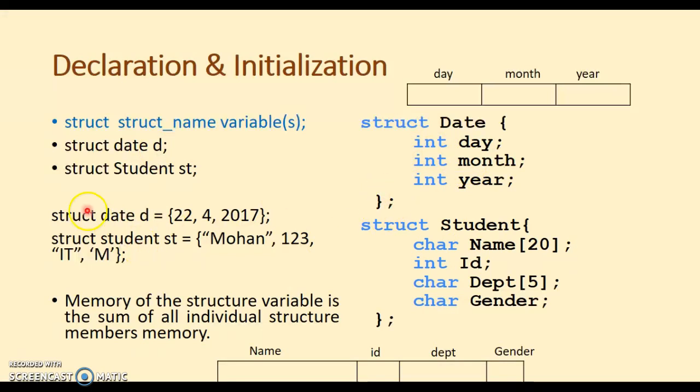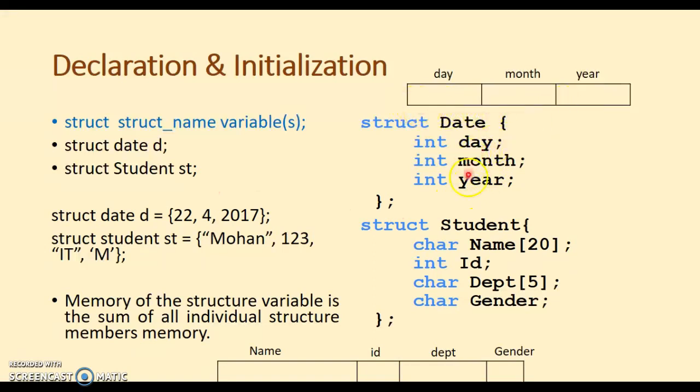And here one more example: struct student. This contains fields of student name, student ID, department, gender, etc. We can create a student variable like this: struct student st, where st is a student variable, so that the memory of the structure is continuous.